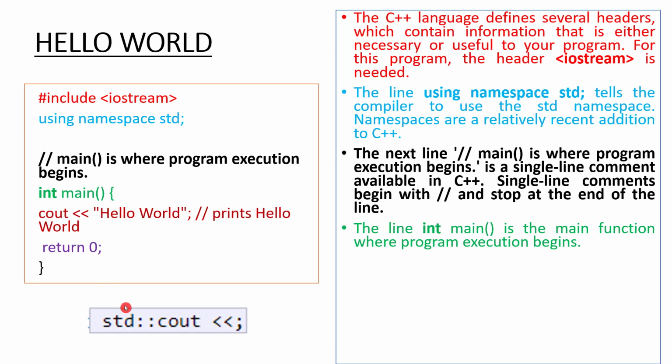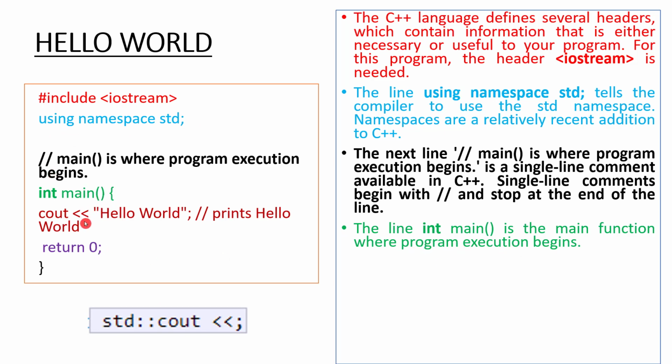And if there was some cin also, we would have to write std::cin. So to avoid this writing, we are giving it as the general title. Okay, so then we execute this one.